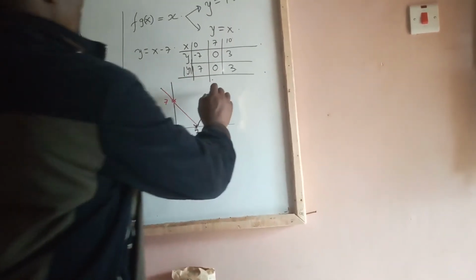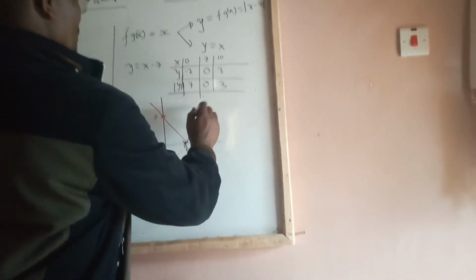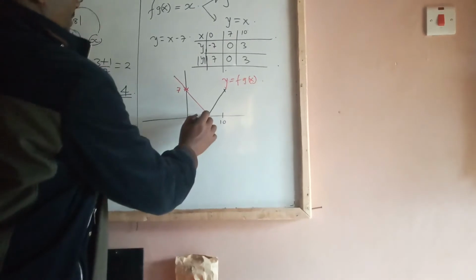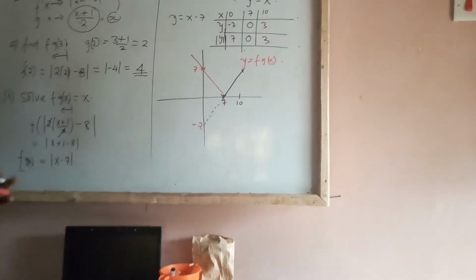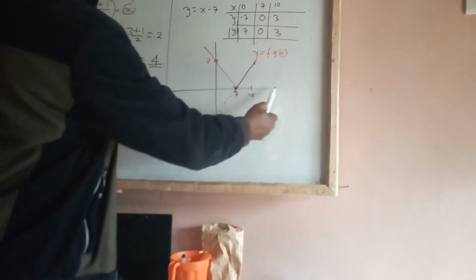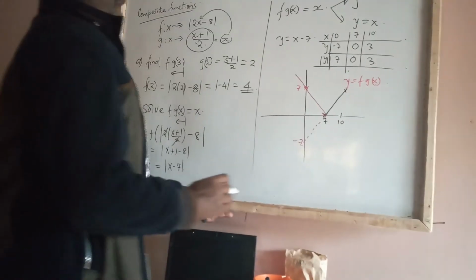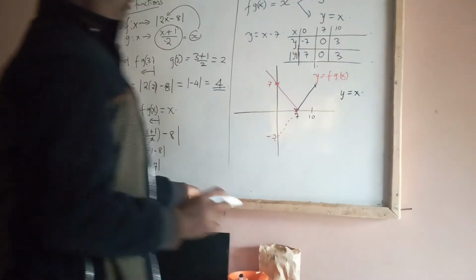This is y equals fg(x). That graph is reflected at that particular vertex, because it lies exactly on the x-axis. Another graph we should have in the same set of axes is y equals x.